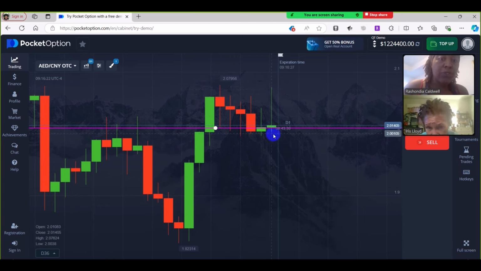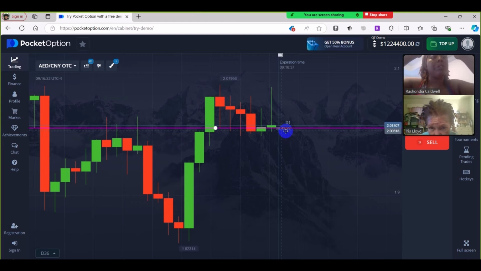So if you put your line right here and it comes down to this line, you can put in a 5-second buy because it's above your line. So if it comes down to your line, it's doing what? Selling, right? If it comes down to your line, it's going to bounce off of your line and jump back up. You see what I'm saying?